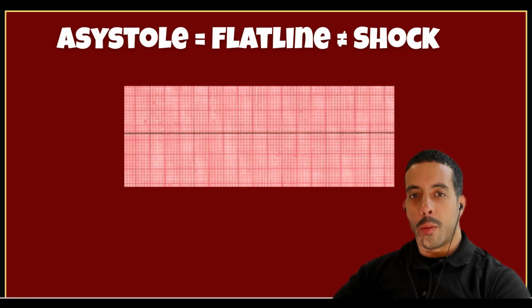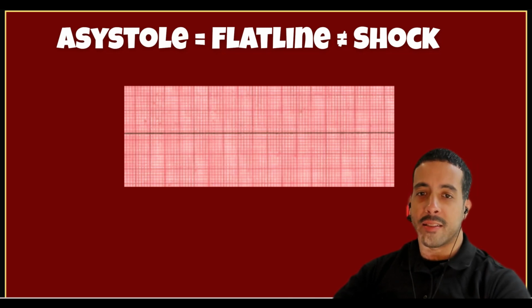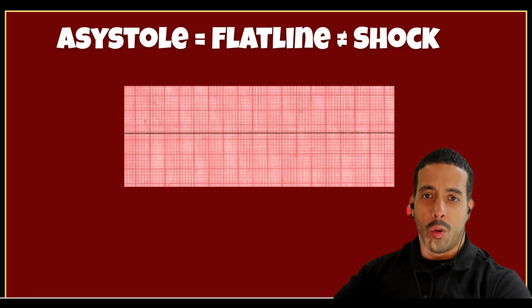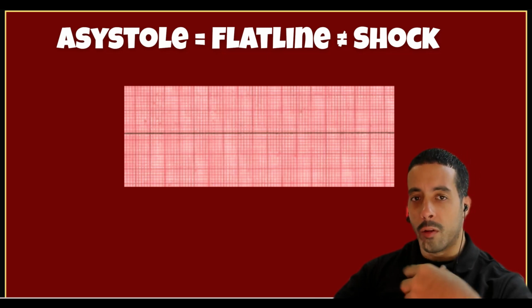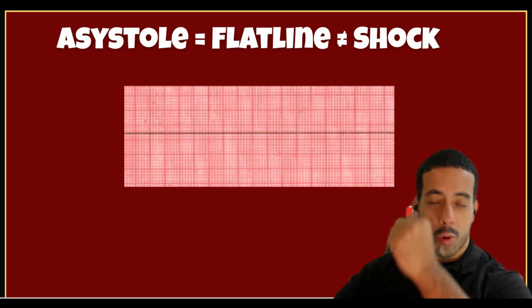Now, when we talk about asystole, this is the treatment that you want to give them besides the high quality CPR. You also want to give epinephrine 1 milligram every 3 to 5 minutes, either IV or IO, of a 1 to 10,000 solution. Check the rhythm every 2 minutes. Of course, intubate this person, and of course, follow your local protocols.